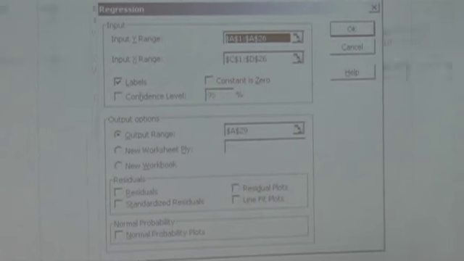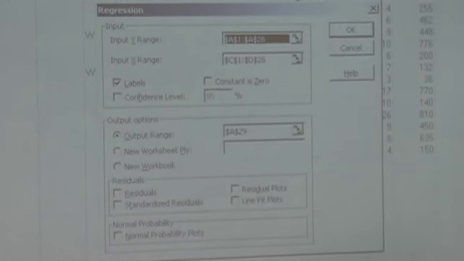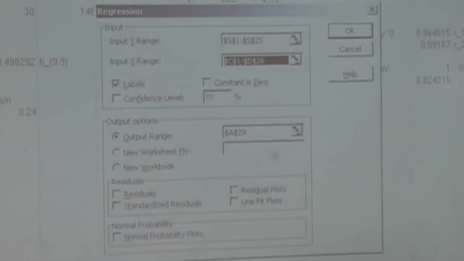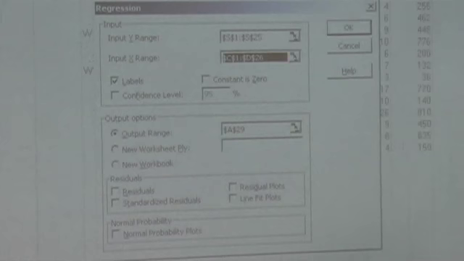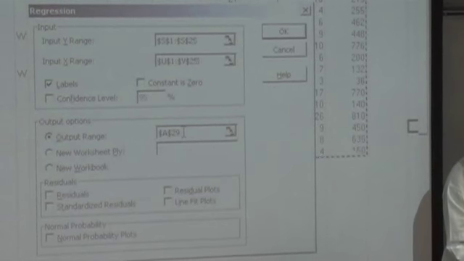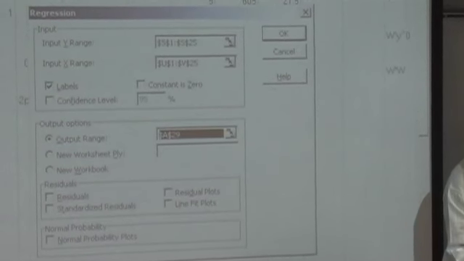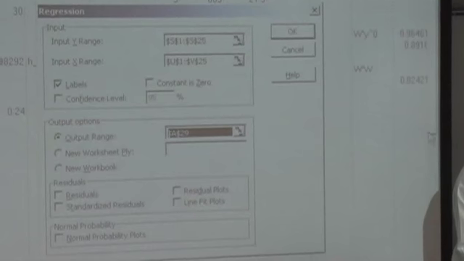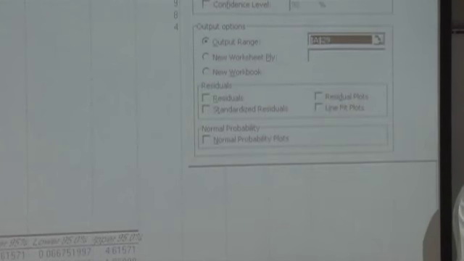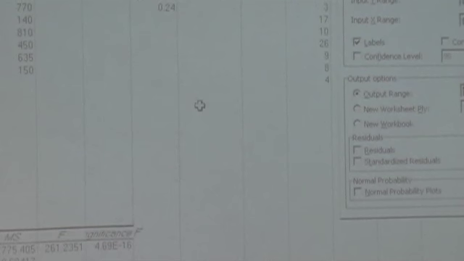This is kind of mundane, sorry it's taking the time to do it, but let's go ahead and put this in. And output range. Let's put it right next to these other ones so that I can compare easily. I should just write over this stuff because I don't need those confidence intervals.